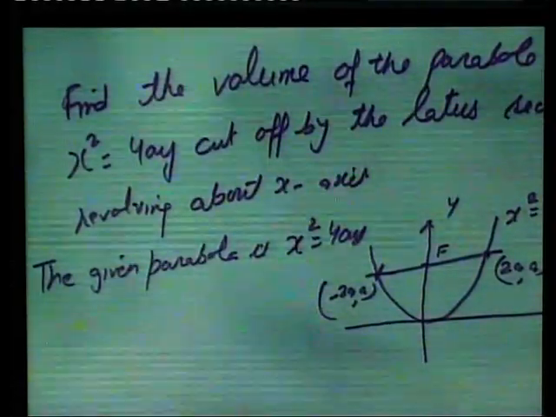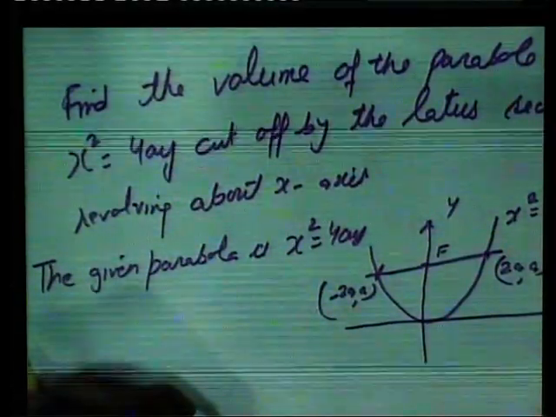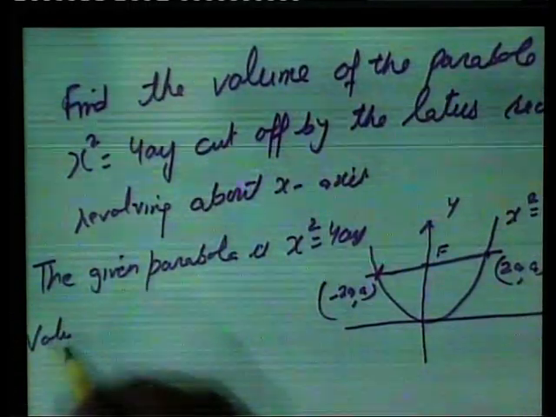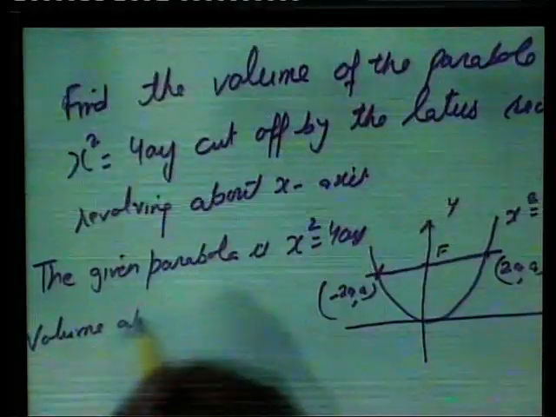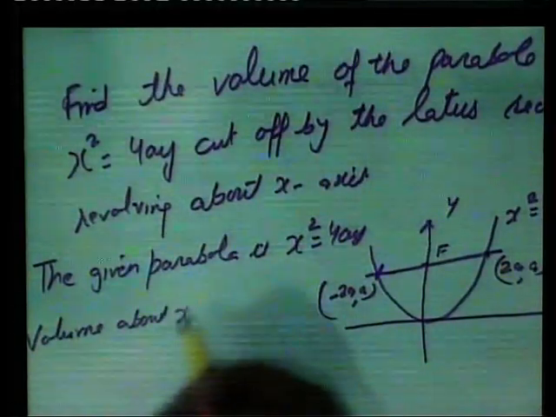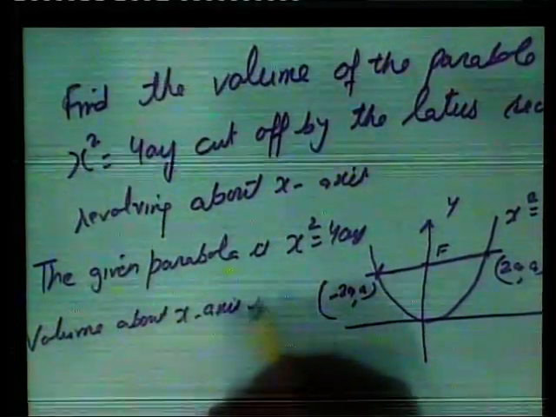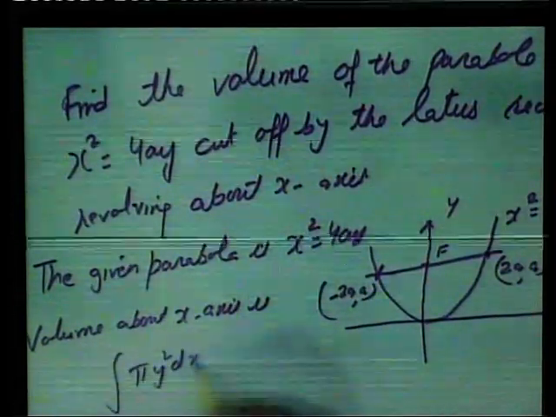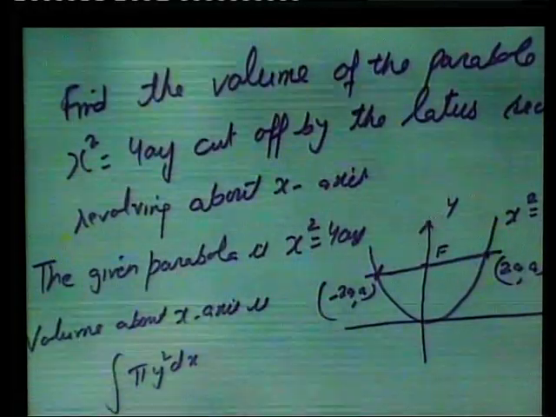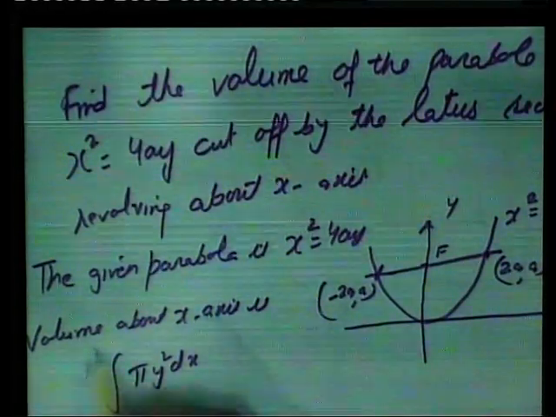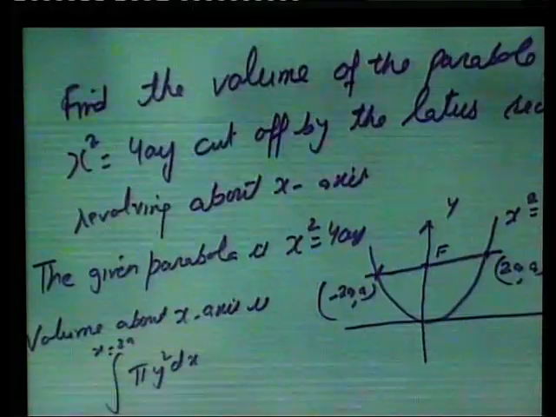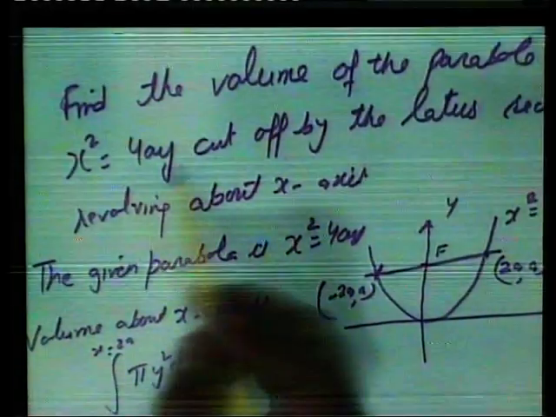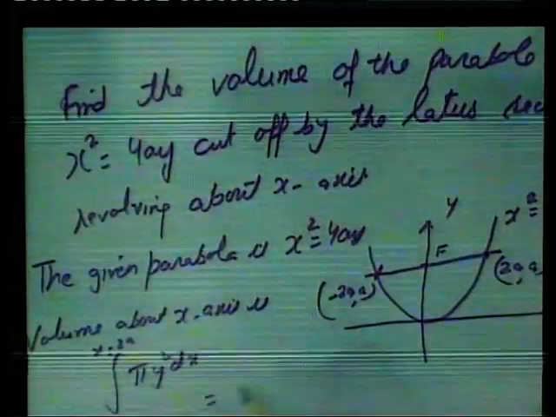Volume about x-axis is pi y square dx, x is equal to minus 2a to 2a. Pi y square dx. Now we find the value of y.